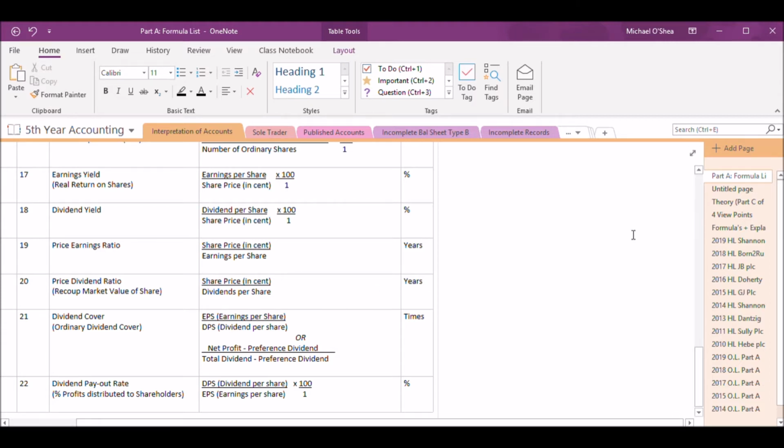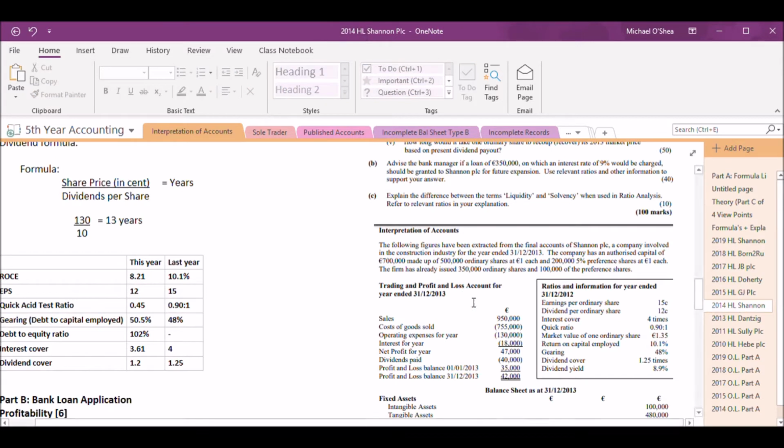So if they do not give you the dividend cover for last year, the easiest way to work it out is earnings per share over dividends per share. 15 divided by 12 works out at 1.25.